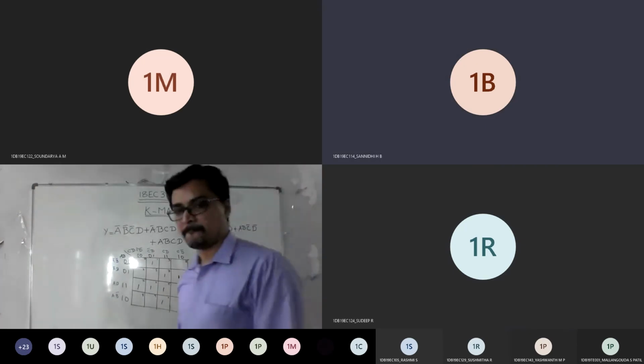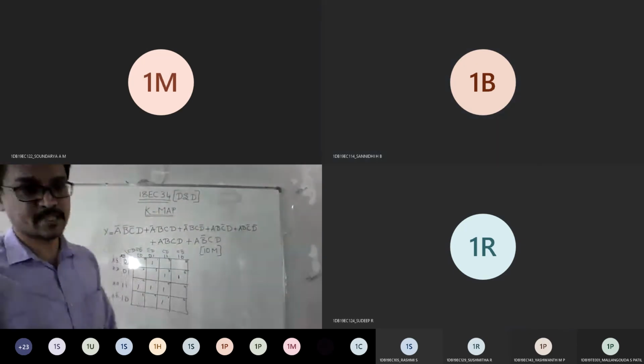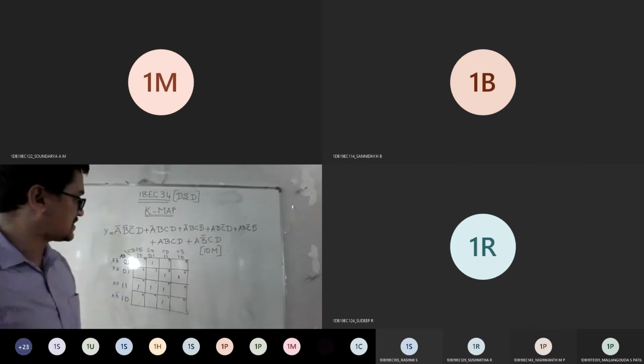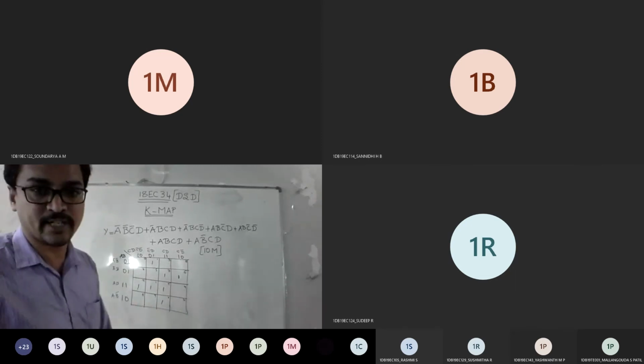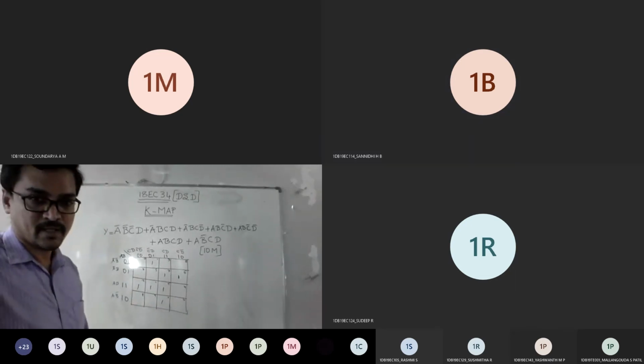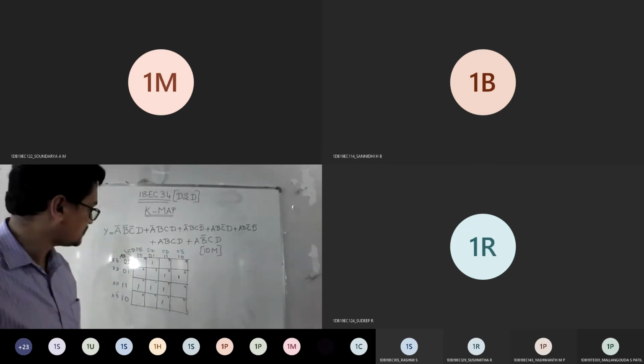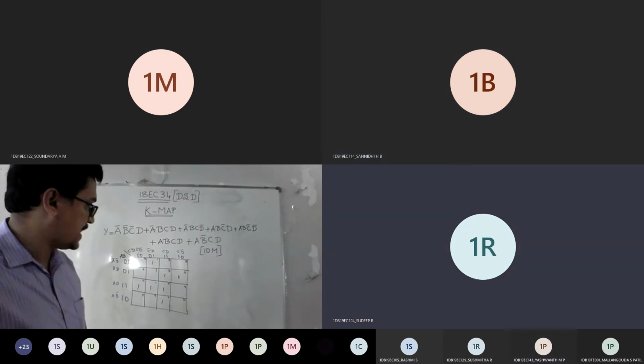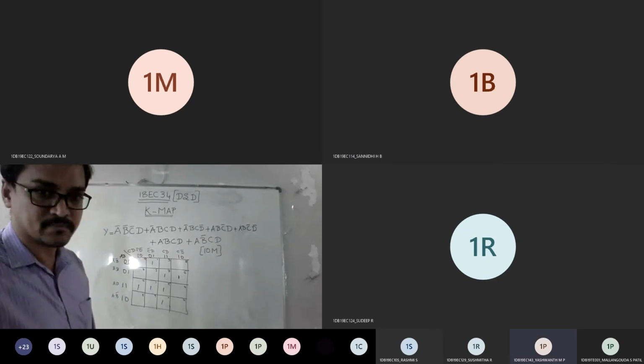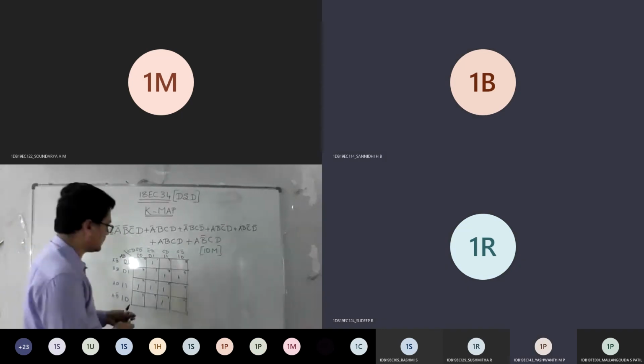Now after giving the expression, we have aligned things. Tell me, where does grouping with respect to pair, quad or octet come? All are pairs only. Let me mark that.